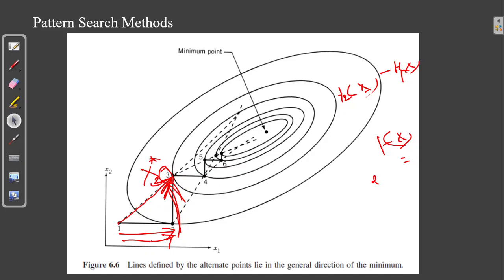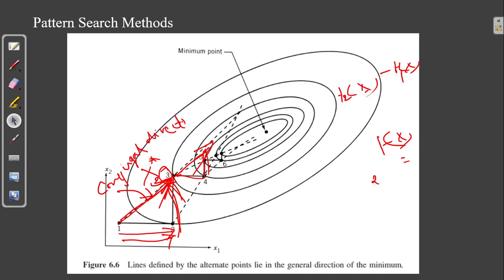Instead of searching in these two directions, in the very next step from 3 we will directly go in this direction, instead of going in this direction and then in this direction. So this direction is nothing but your conjugate direction.